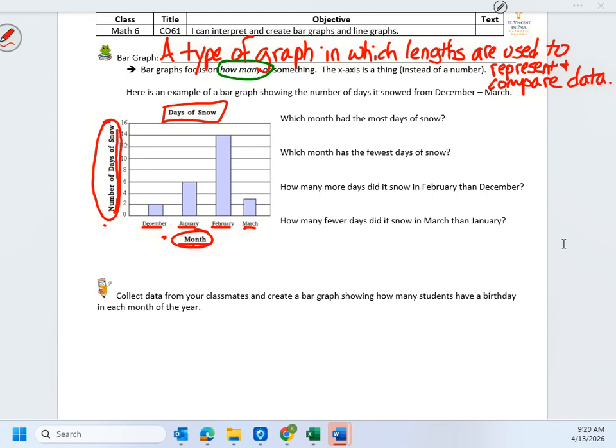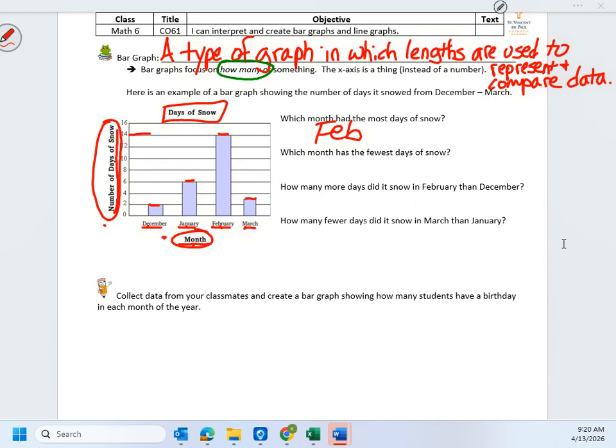Bar graphs we've used before, they're easier for us to read. Okay. So when it says which month had the most days of snow, is it easy to tell just looking at that graph? It's pretty easy because we know we just need to find the biggest bar, the tallest bar, the one that had 14. So that is February.